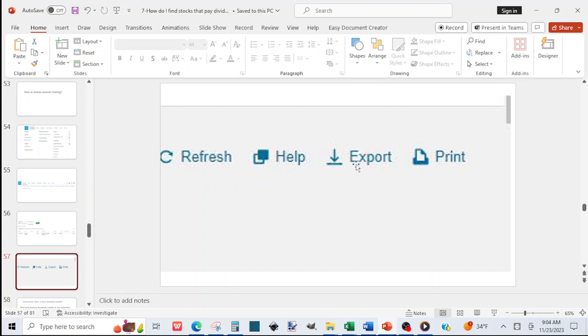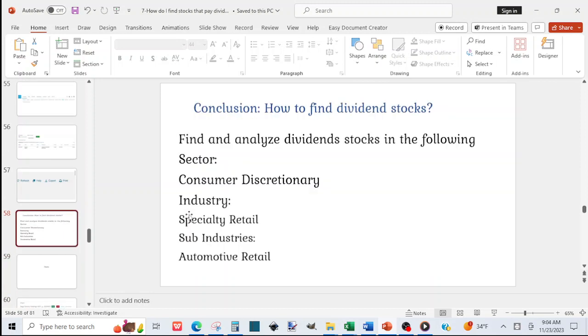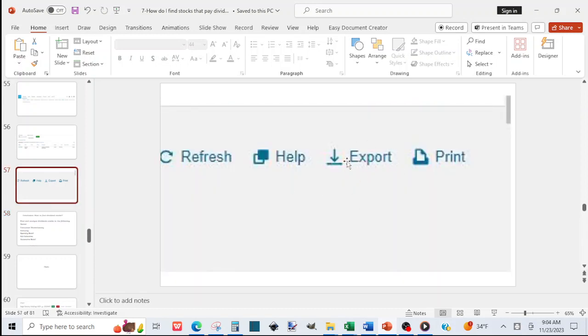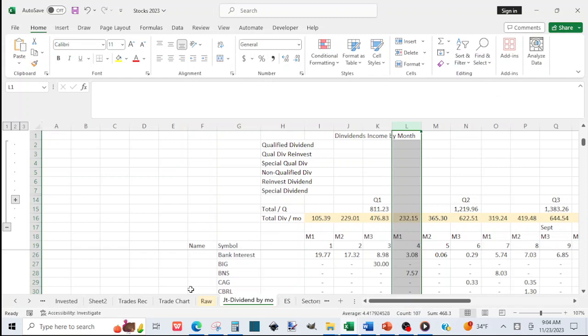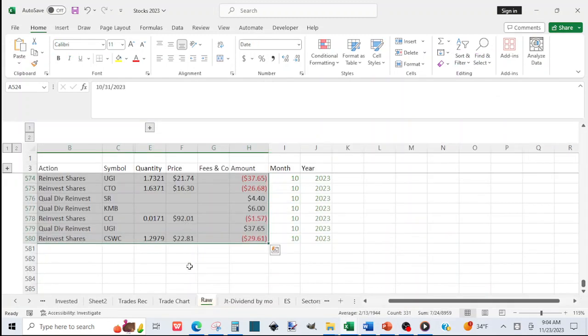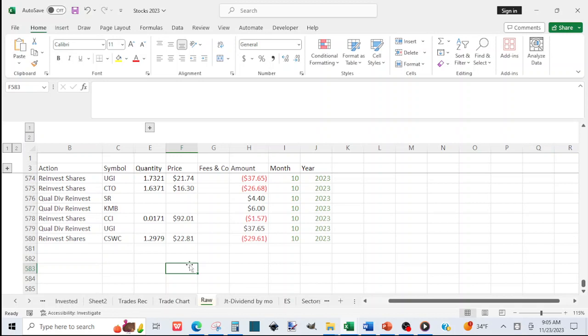So you will click on export. When you click on export, it will open a window giving you some wording. You read it and you click OK, and then it will open a CSV file for you, and you will copy that CSV file to your spreadsheet.